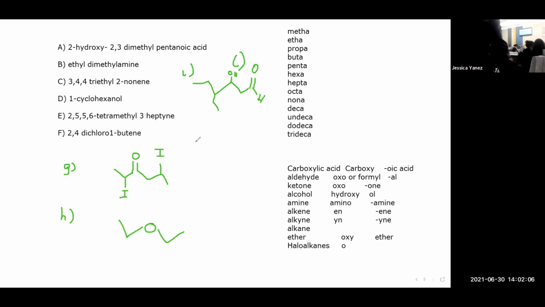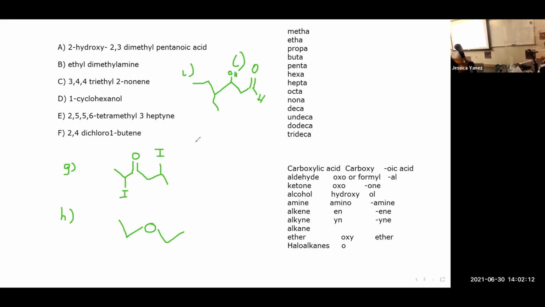Hey, Henry, watch. Tell me if this is A. It's on the board. I don't know if you can see it. No, I can't see it. What did I do? But what if I draw it wrong?